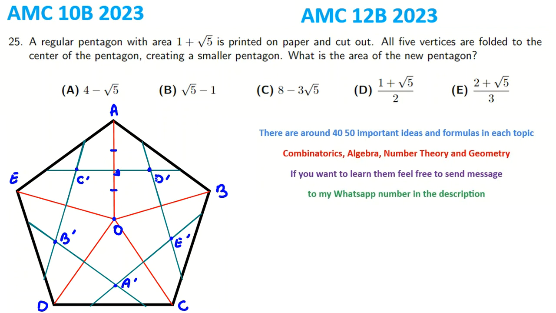By similarity, this one is the perpendicular bisector of this side. So if OA is R, this one is R over 2, and this one is R over 2. And O is also the center of A prime, B prime, C prime, D prime, E prime.